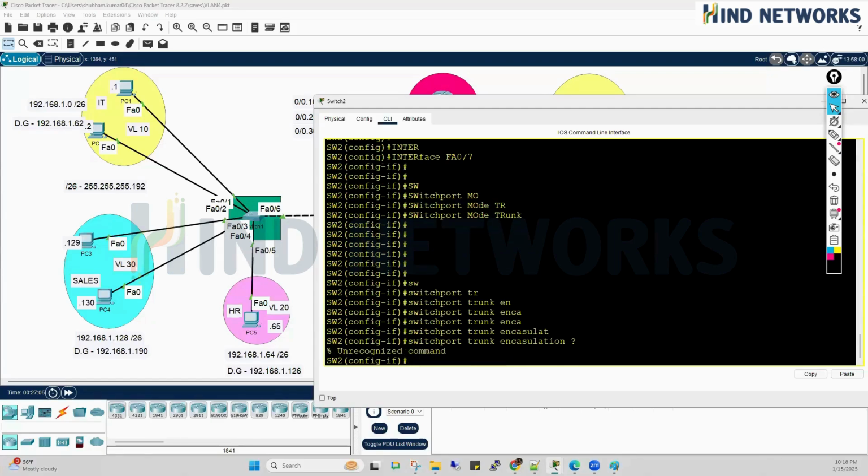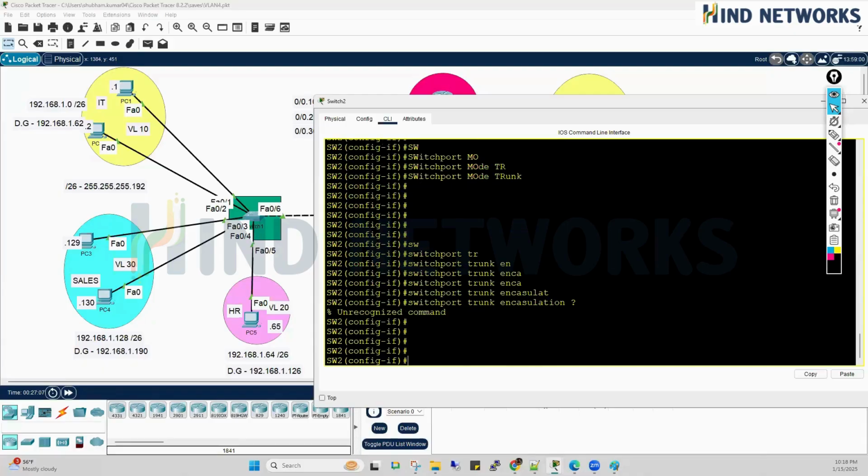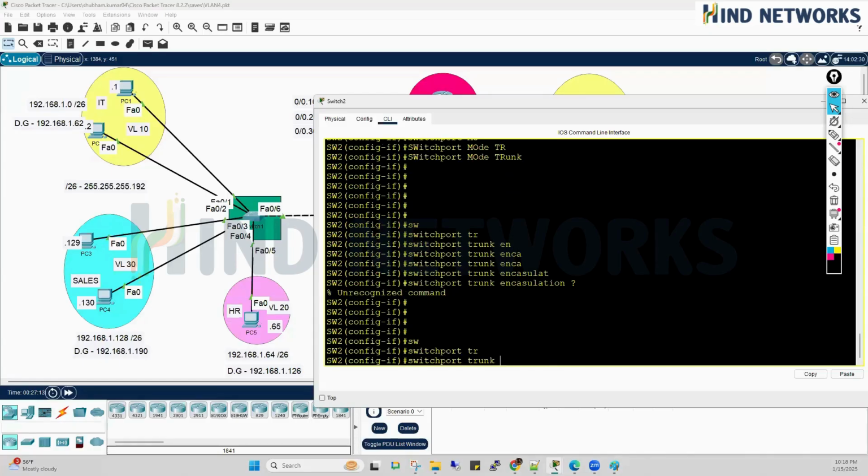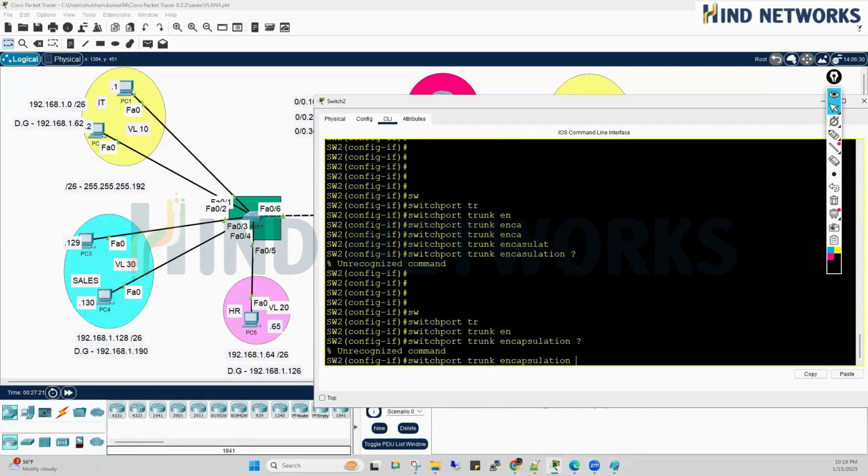This command is not recognizing. Maybe here on Packet Tracer we do not have an option to change it, but the command is this one. Please remember switchport trunk encapsulation, and then when you press the question mark, you will get ISL or dot1q. Getting my point, everyone? Yes or no?